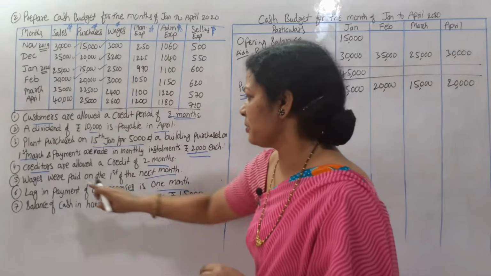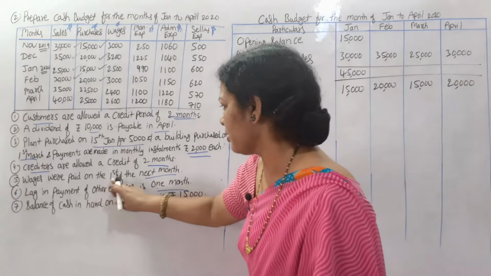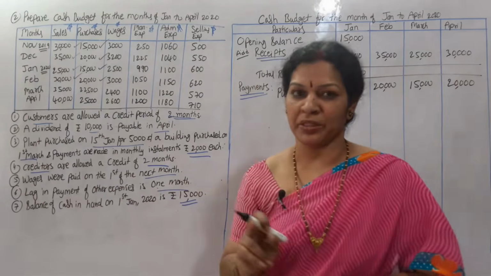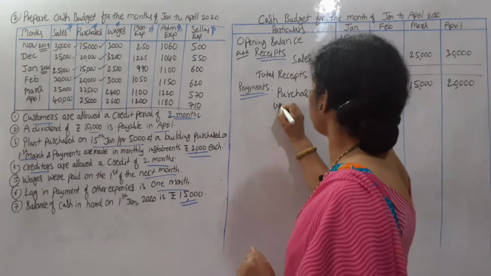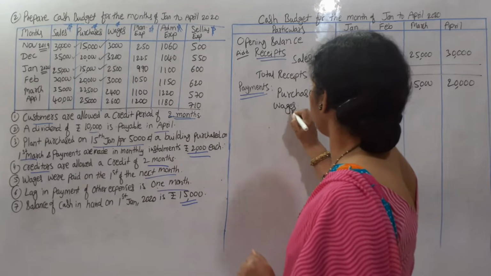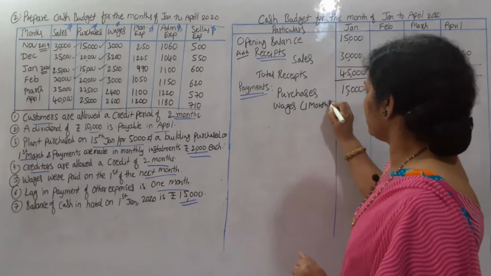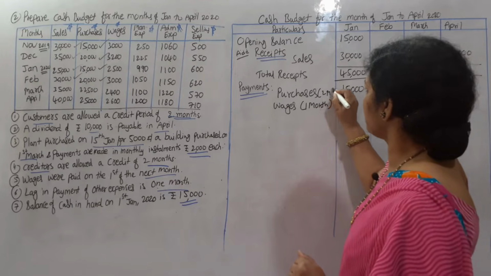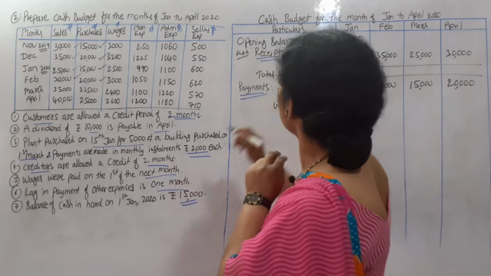Now wages. There is an adjustment. Wages were paid on the 1st of next month, means there is a delay of 1 month. Wages, in brackets I'll write 1 month. Here it was 2 months, sales were also 2 months, no?